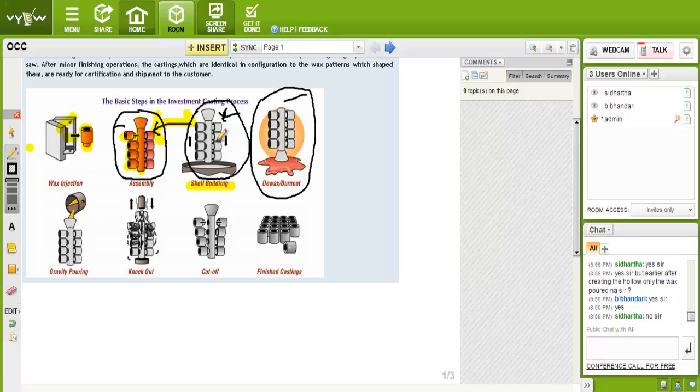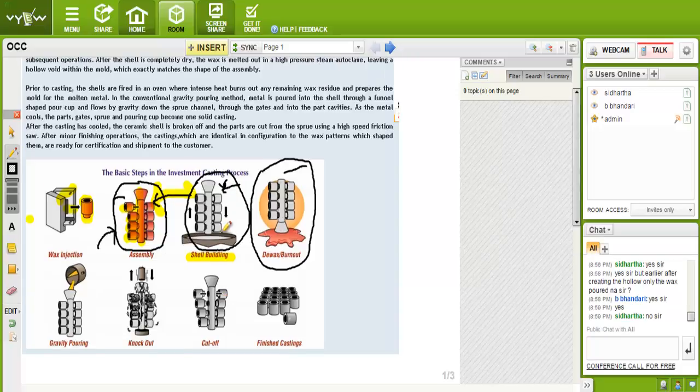Okay. Now see what will happen if this wax unit is dipped in a solution like plaster or cement.